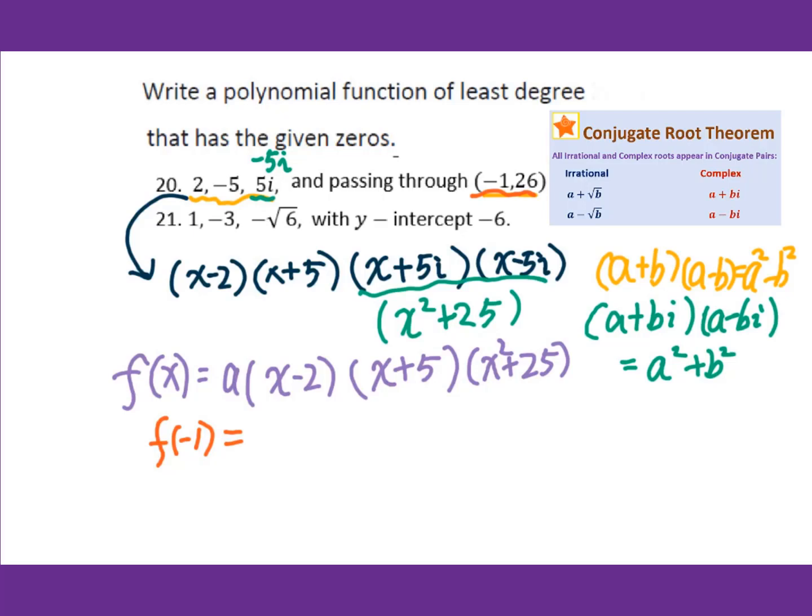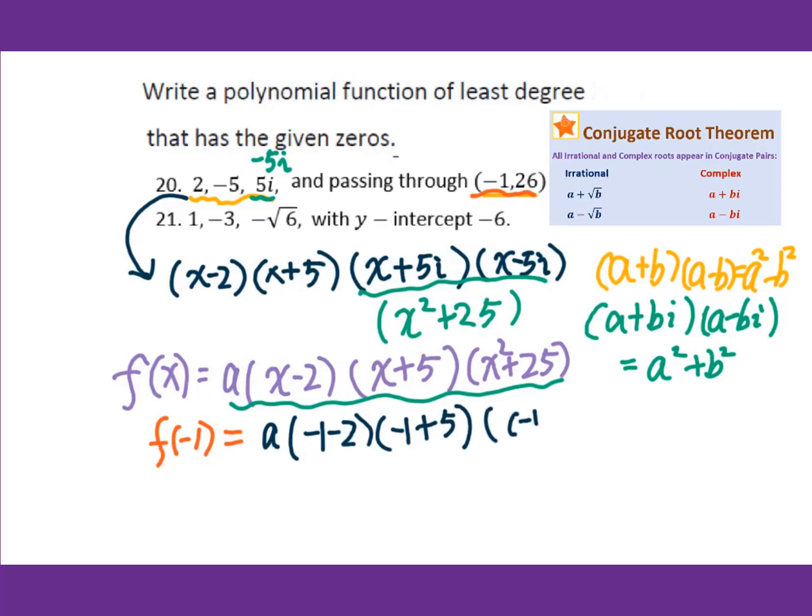For f of negative 1, I plug in, which means for every single x, I change it into negative 1. Therefore, I get a times negative 1 minus 2, negative 1 plus 5, negative 1 squared plus 25.